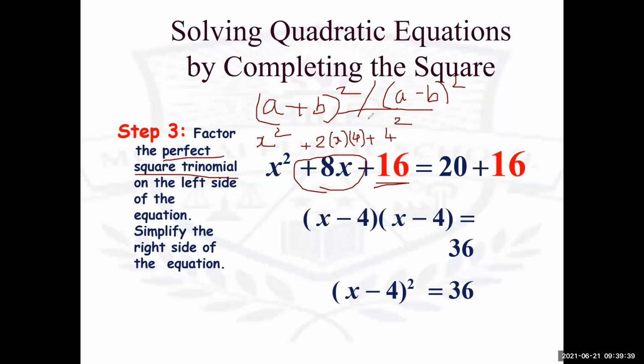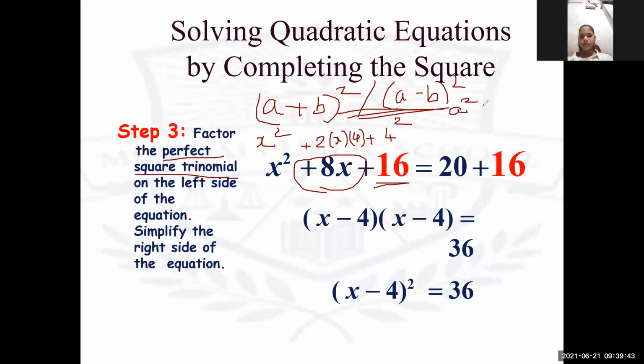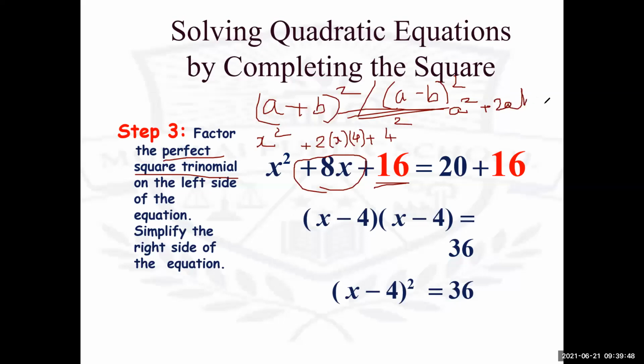What is the formula of a plus b the whole square? It is a square plus 2ab plus b square. Isn't it?